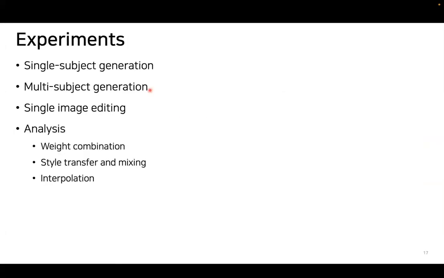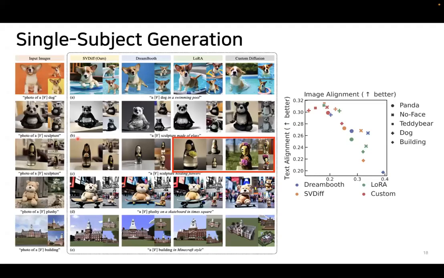Okay. The experiments are like this: single subject, multi-subject, the single image editing, which corresponds to the methods I explained, and several analyses. The single subject generation results are like this. The left column is input images, second is ours, third DreamBooth, fourth LoRA, fifth Custom Diffusion.